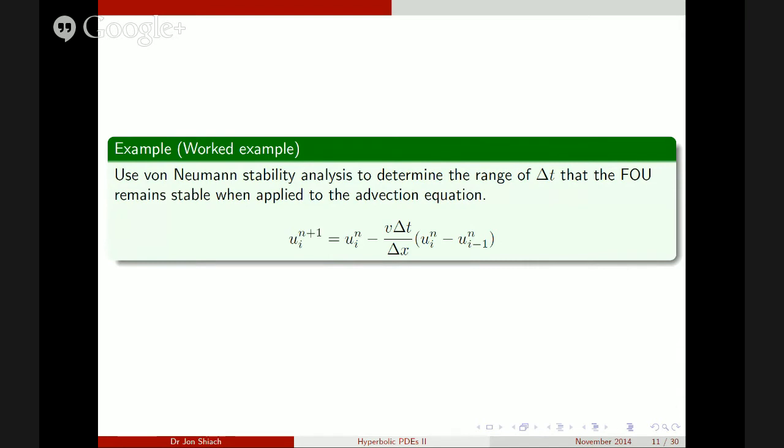I've not changed the value of this at all. I've just split this in half, added something to it, and also taken it away. Right, so why did I do that? Well, I somehow wanted to replace the exponential functions with sines and cosines.